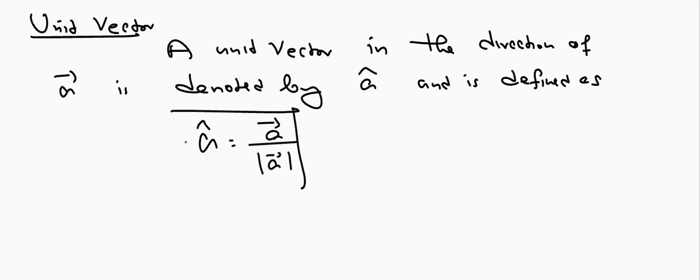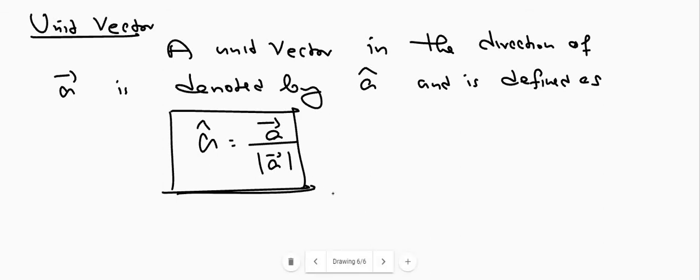That is, to find a unit vector, just divide the vector by its magnitude.